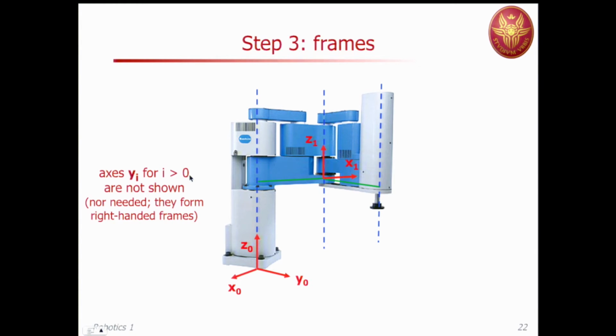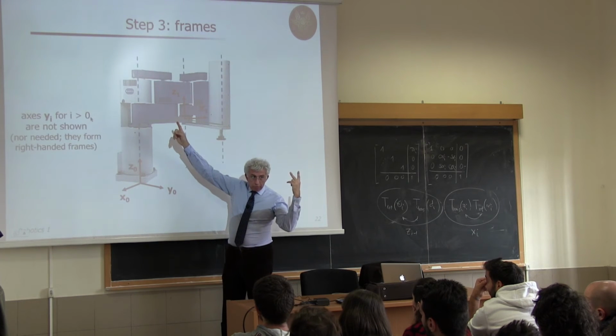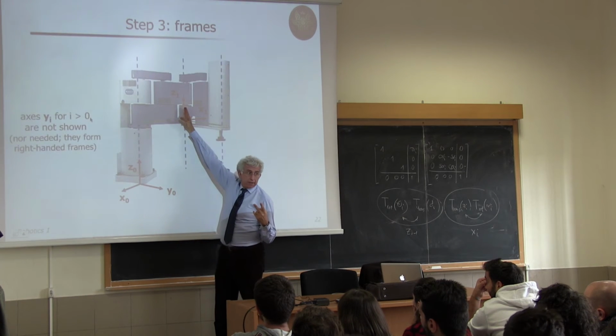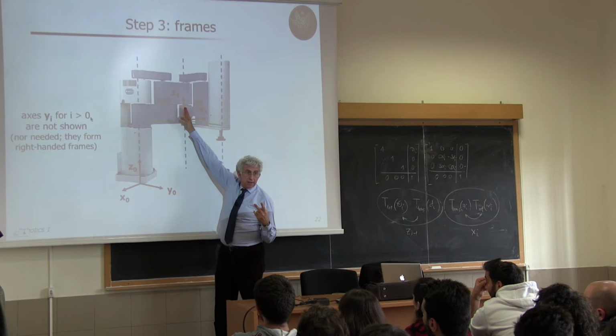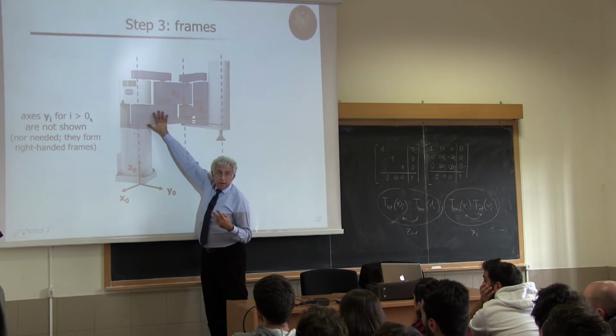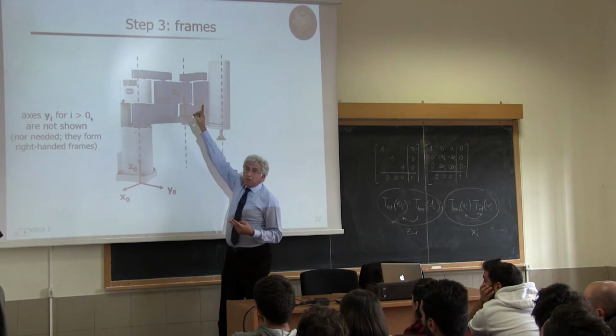Now, frame 1. I have to put z1 on joint axis 2. Joint axis 1, joint axis 2. z1 is here. Okay? Remember that this frame is attached to link 1. This is why it has index 1. So I'm choosing z1 going up.